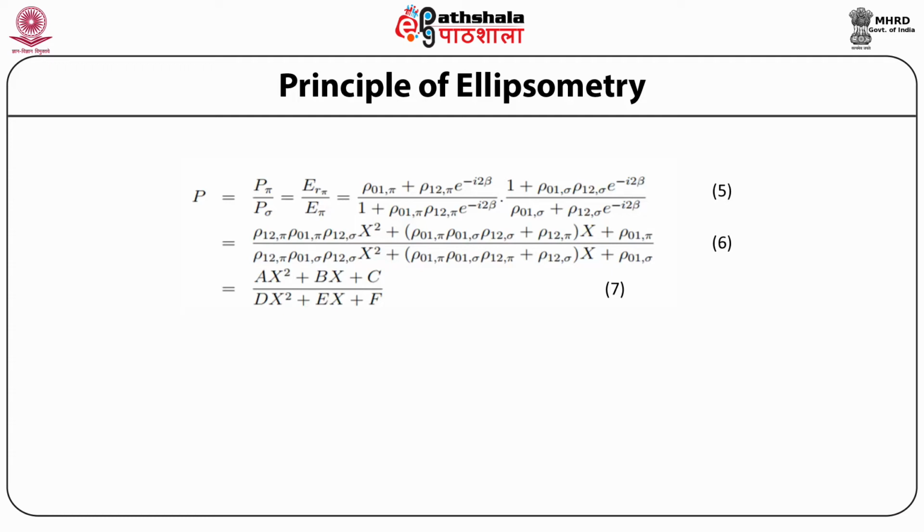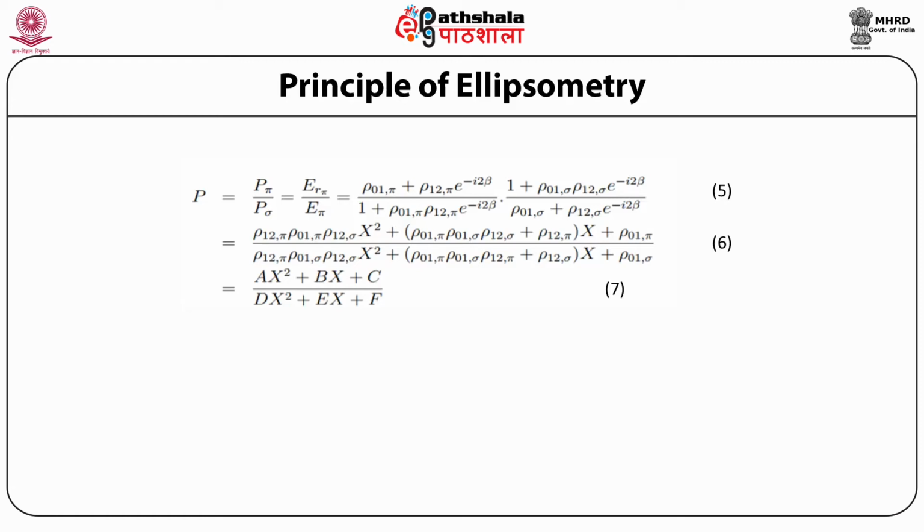This equals ρ01 pi plus ρ12 pi into e raised to power minus iota into 2 beta divided by 1 plus ρ01 pi into ρ12 pi into e raised to power minus iota into 2 beta, multiplied by 1 plus ρ01 sigma into ρ12 sigma into e raised to power minus iota into 2 beta divided by ρ01 sigma plus ρ12 sigma into e raised to power minus iota into 2 beta.